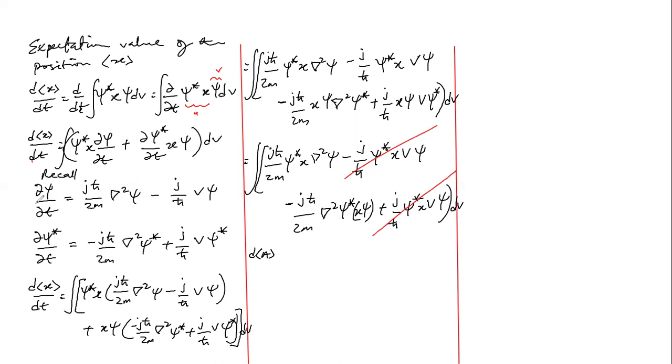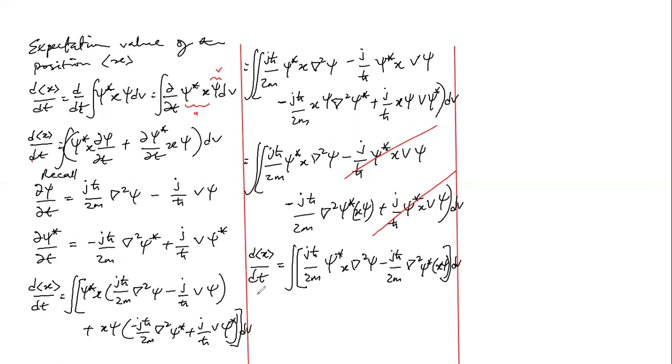the first time derivative of the position will be the same as the integral j h cross divided by 2m psi conjugate S lambda squared psi minus j h cross over 2m lambda squared psi conjugate S psi dV.